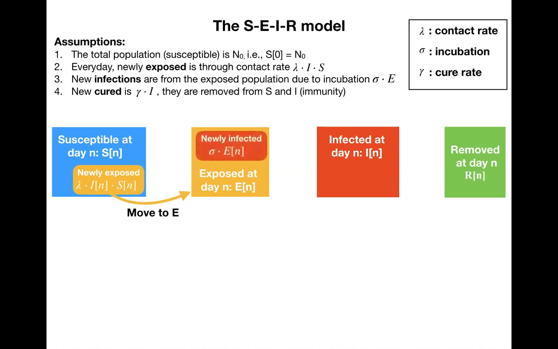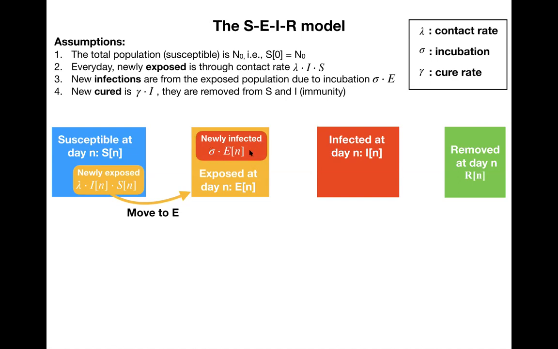That's sigma times the exposed number, the percentage of exposed people who get symptoms. Sigma you can usually regard as 1 over the incubation period. For example, for SARS it was 1 over 4 days of incubation, and for COVID-19 it'll be 1 over 14.